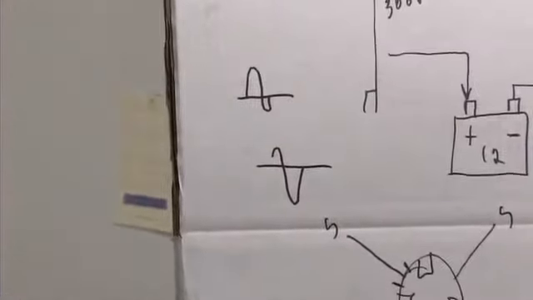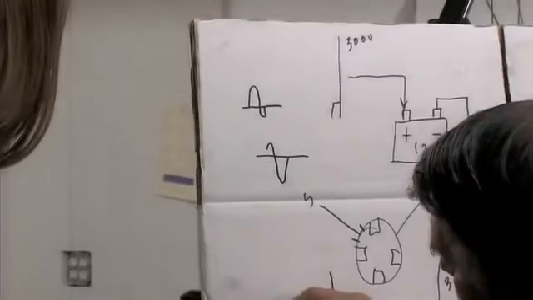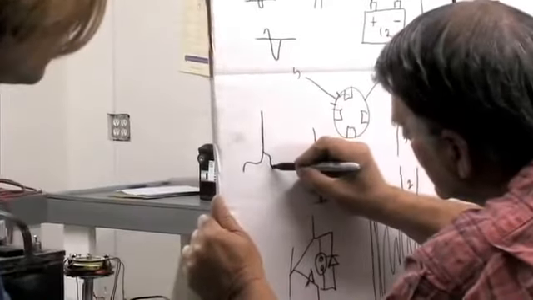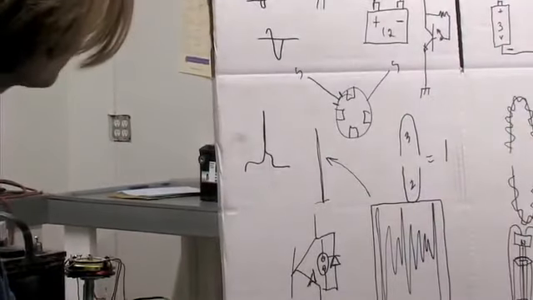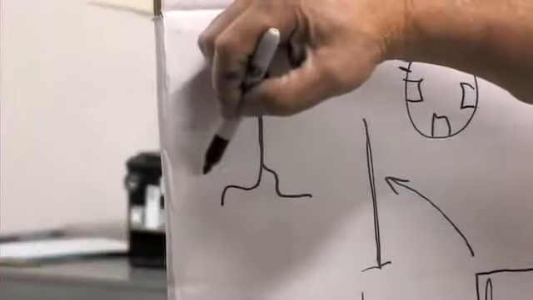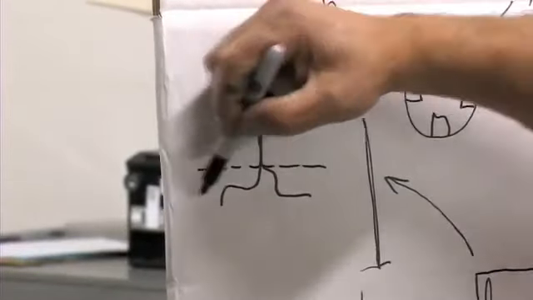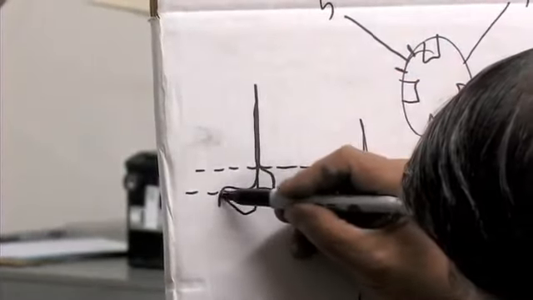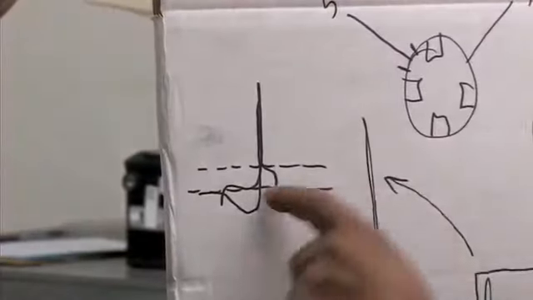Now what's the motor wave look like? So this is your, see, this is the actual battery level. And this little piece, when you see it on the scope that comes down, is in the negative range.